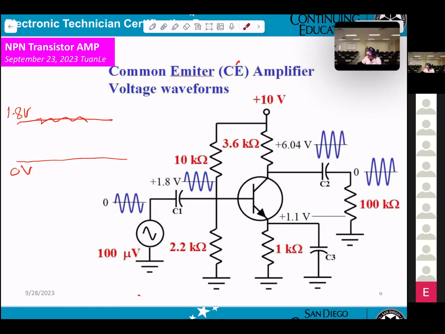First thing, you have to know how to remove that guy, 1.8 volt DC. Okay, remember, set the scope to AC coupling.